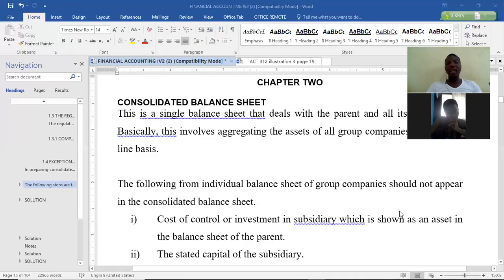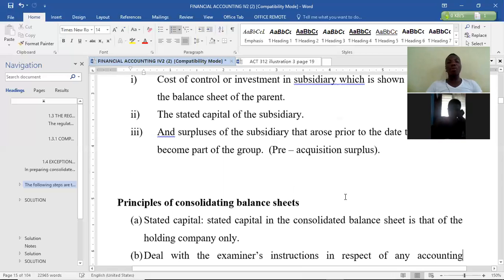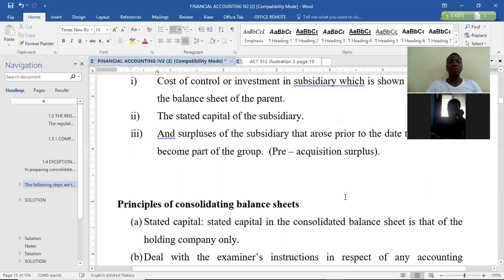Good. And so when you are consolidating the accounts, there are certain things you must take note of. You need to take note of the stated capital of the subsidiary.